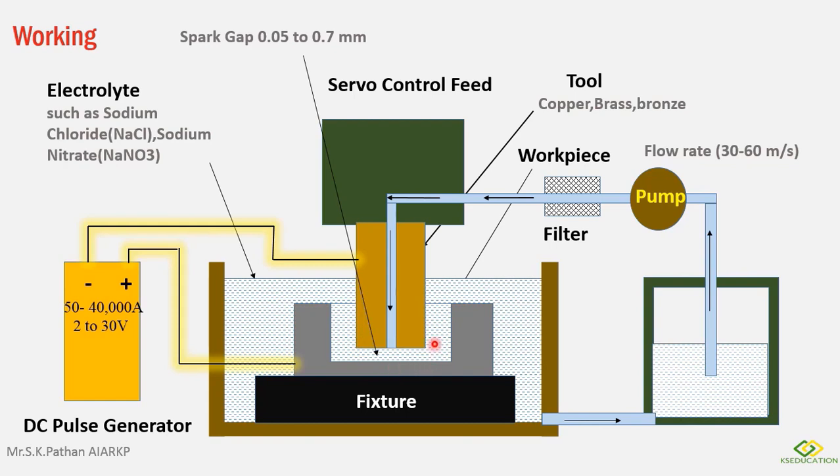As we have discussed in the previous one, the tool liberates the negative ion, which reacts with the hydrogen ions and forms hydrogen gas, which is separated from the system. The work liberates the positive ion, that is iron ions, which react with the chlorine ions and form iron chloride, in the form of sludge, and it is taken away from the system.